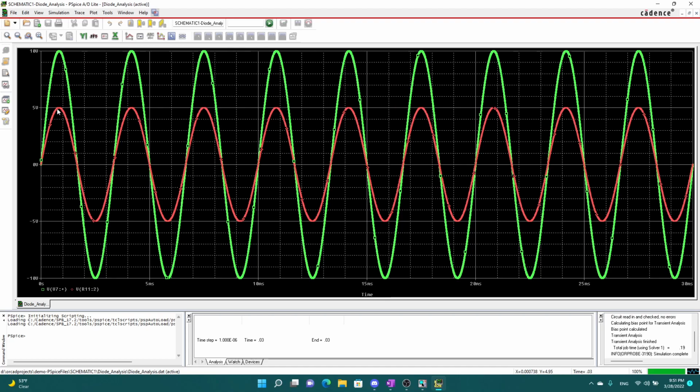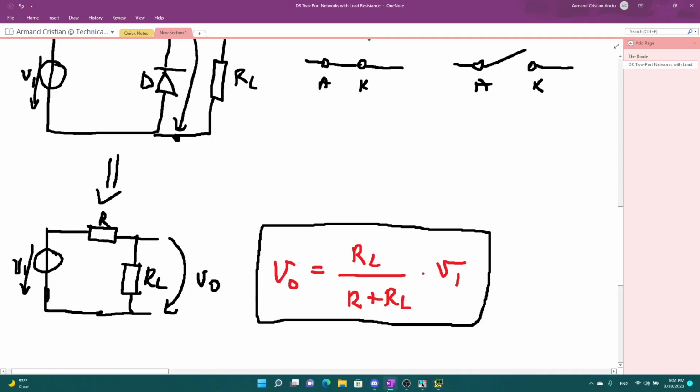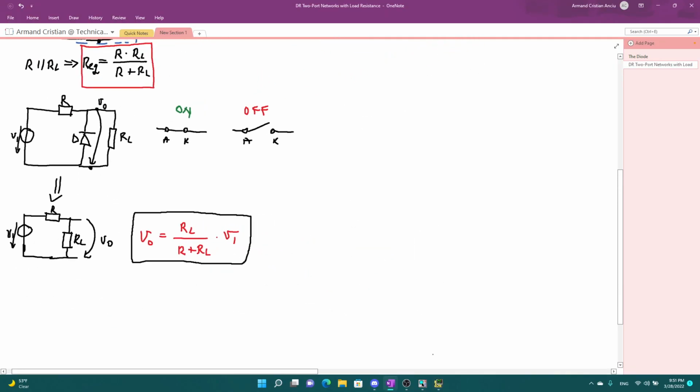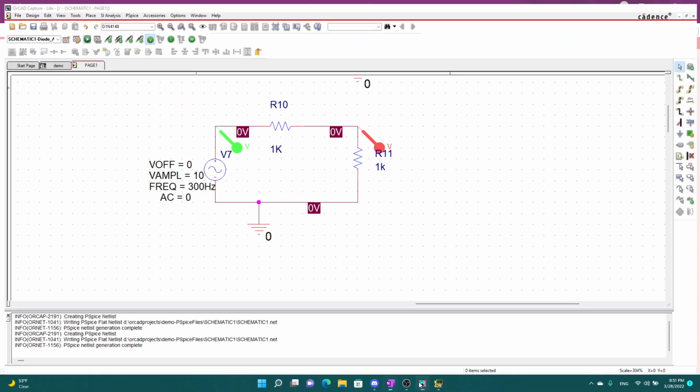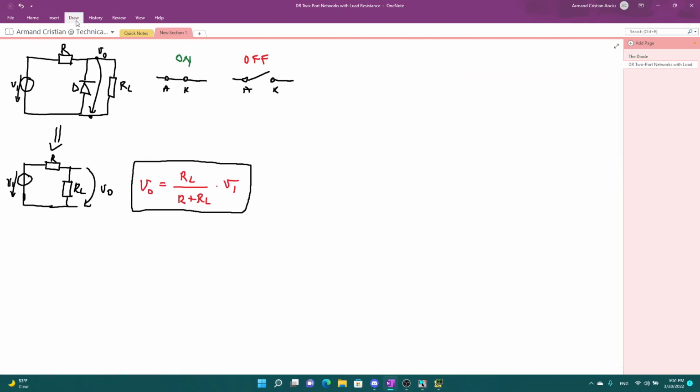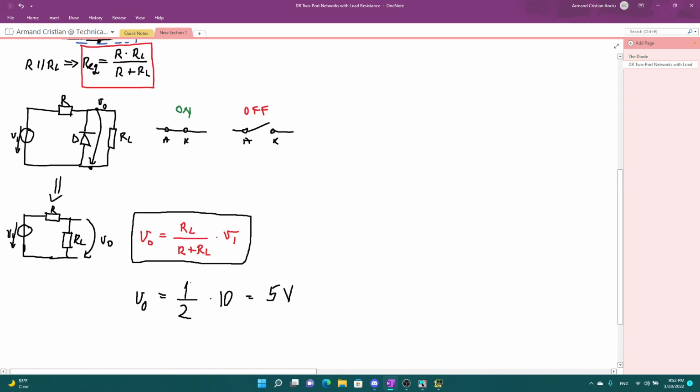This is because if we were to compute the output voltage for each resistor having 1 kilo, we'd get that V out, or VO, is 1 over 2 times 10, which is equal to exactly 5 volts. 10 is the input voltage, RL is 1 kilo, and 1 plus 1 kilo is 2 kilo.